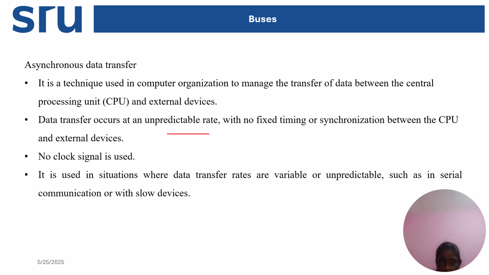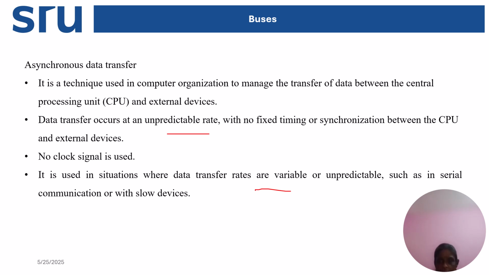It is used in situations where data transfer rates are variable or unpredictable, such as in serial communication or with slow devices. With slow devices, we know the CPU is fast and other I/O devices are very slow.